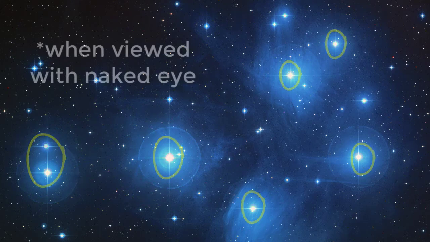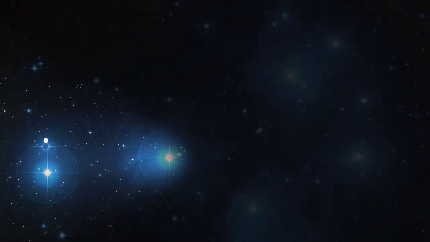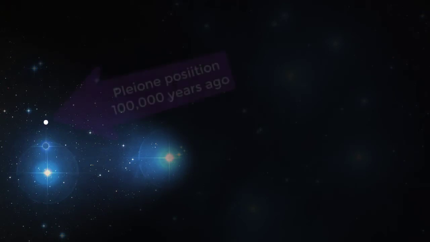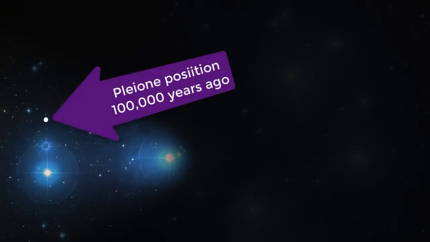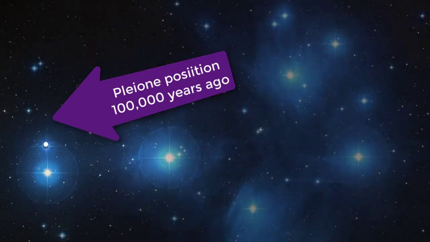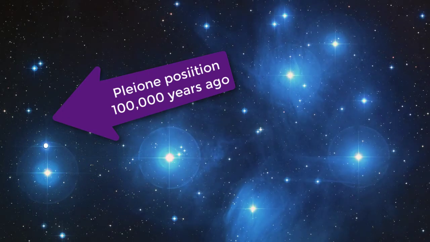The 6 brightest stars is all you can see. 100,000 years ago, Pleione was farther away from its nearby neighbor star. So what happened, at least as posited by these astronomers, is that as thousands of years progressed, this star got closer to that one, so you could not tell them apart. So what's weird is that all the cultures of Earth have some kind of myth about some Pleiad going missing.